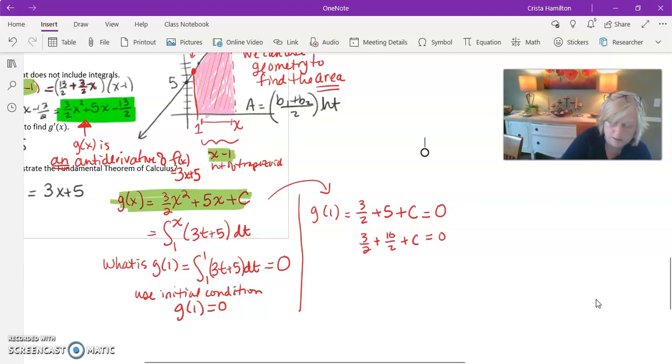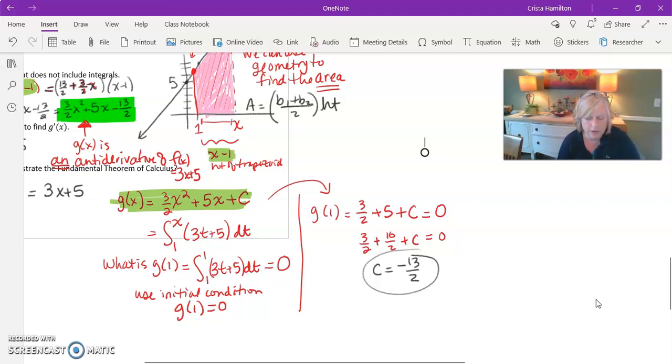That's going to give me c equals negative 13 halves. And notice that that is exactly what we came up with as the constant when I did this calculation using area. So hopefully that gives you a little bit of a preview of the next set of notes that we're going to do, where it's really going to talk about how the antiderivative with an initial condition is going to be related to these definite integrals and how we actually calculate them.